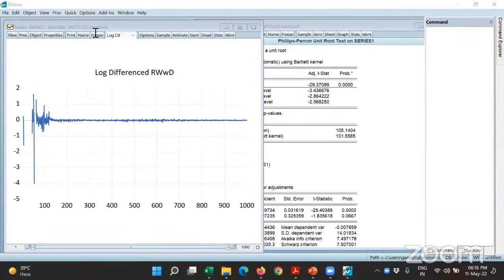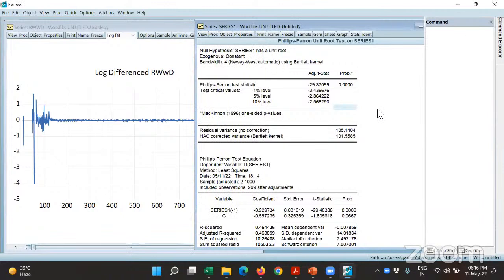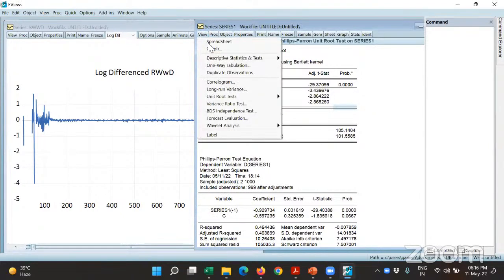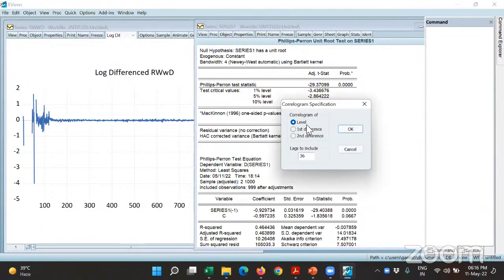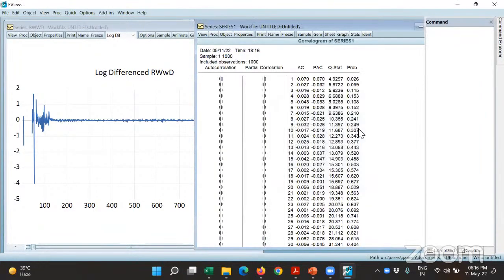Okay, now let's move ahead and analyze these series in terms of their attributes, which are the correlogram. So I go to my series and I go for correlogram. I go for the default itself, it's level, and lag selection is automatic. I press OK. Remember, this series was a stationary series.